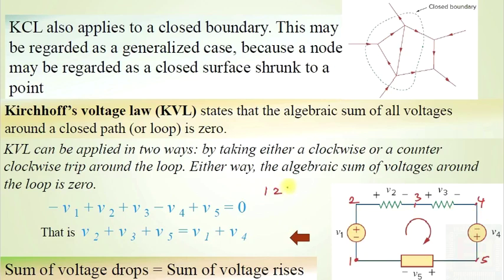Finally you will be reaching node 1 itself. You can see that you have traversed a number of circuit elements, but only once. If you algebraically sum up the voltages, it will be 0.